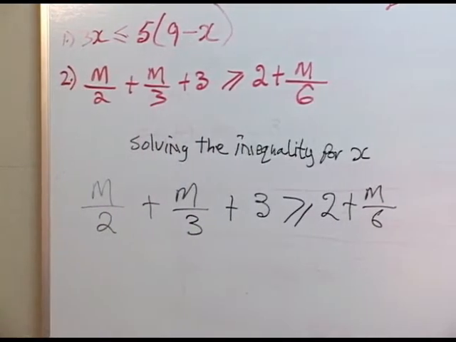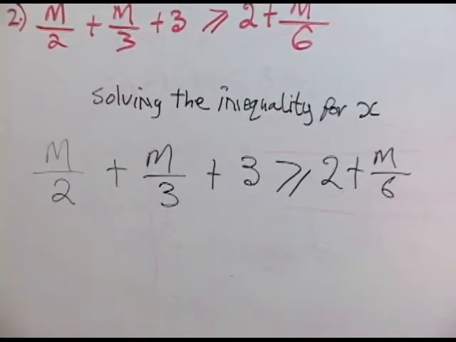Did we get all that? Yes, it's a long inequality. M over 2 plus m over 3 plus 3 is greater than or equal to 2 plus m over 6.